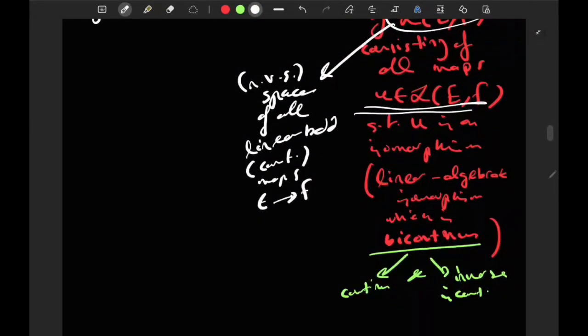So they are linear maps which are bijective, and they are bicontinuous. So they are continuous, and they have a continuous inverse.